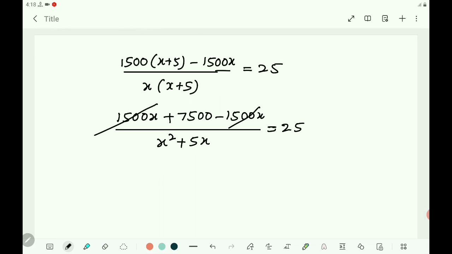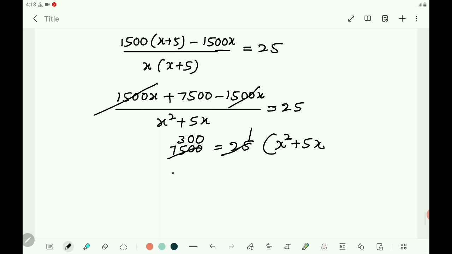1500x minus 1500x cancels. Here what is remaining? 7500 equals 25 into x square plus 5x. You can cancel here. 25 ones are 25, 25 threes are 75, 25 300s are 7500.